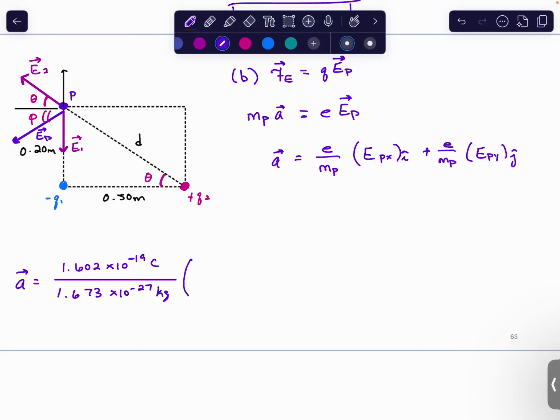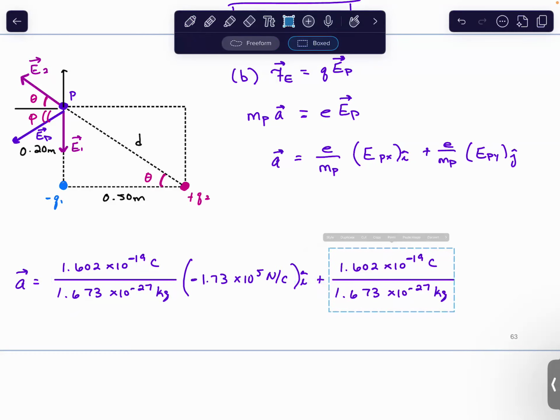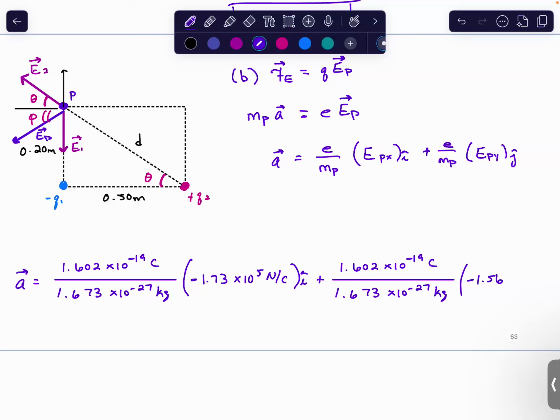And then, of course, our X component, negative 1.73 times 10 to the fifth newtons per coulomb. That's your I hat. Plus, I don't want to write it again. And then we get a negative 1.56 times 10 to the fifth newtons per coulomb. And that's my J hat component.